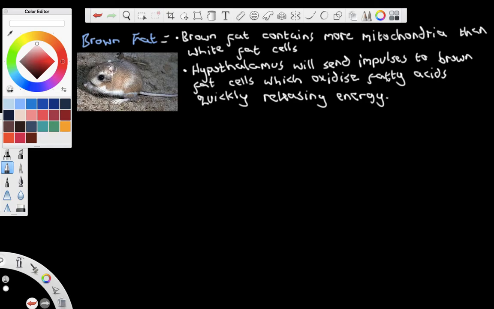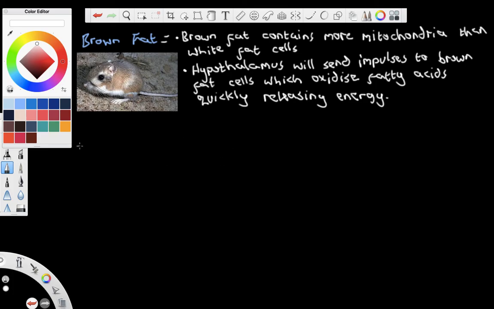Now, I might be wrong, but humans mostly have brown fat when we're a baby, and I think we lose it as we grow older. Don't quote me on that, but off the top of my head, I'm 90% certain. Okay? And that's why you very rarely see a baby shivering. A baby doesn't need to shiver because it has lots of brown fat, and the brown fat allows it to warm itself up pretty quickly if it's cold before it has the need to shiver.